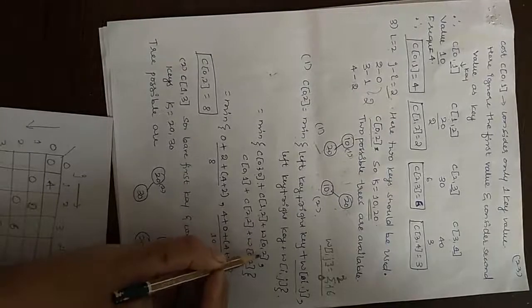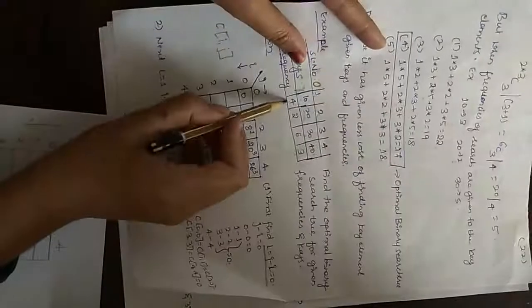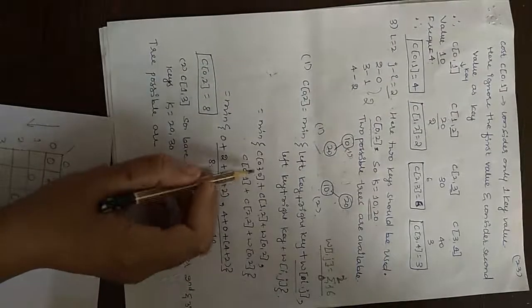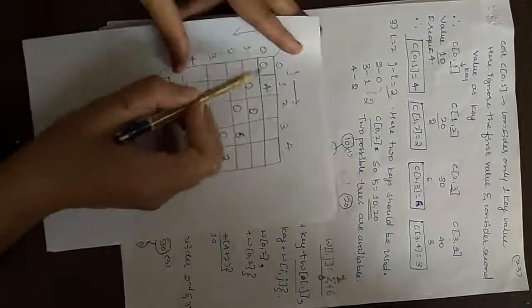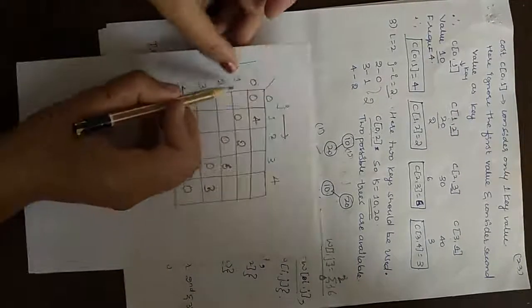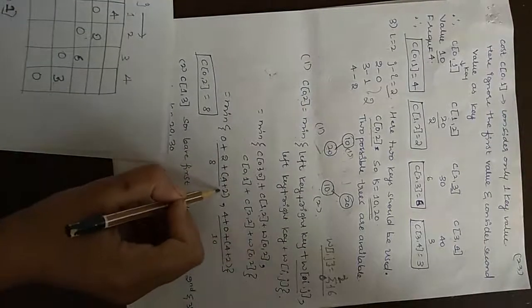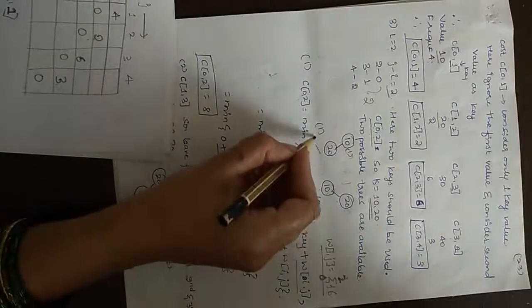W of 0, 2, and that W of 0, 2 is 4 plus 2. Okay. Next, C of 0, 0. See, what is our C of 0, 0? 0, 0 is 0, plus 1, 2. What is 1, 2? It is 2 here. So plus 2, and W of 0, 2 I am writing here. So for this tree organization, it is over.